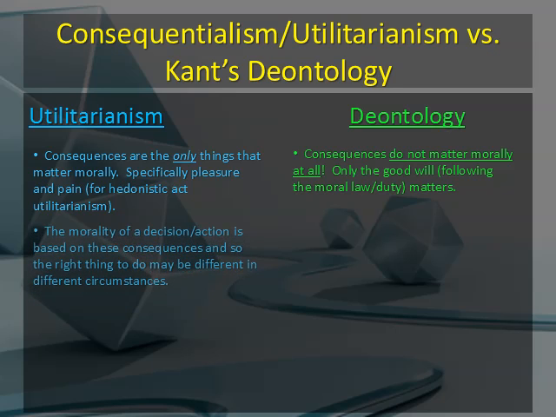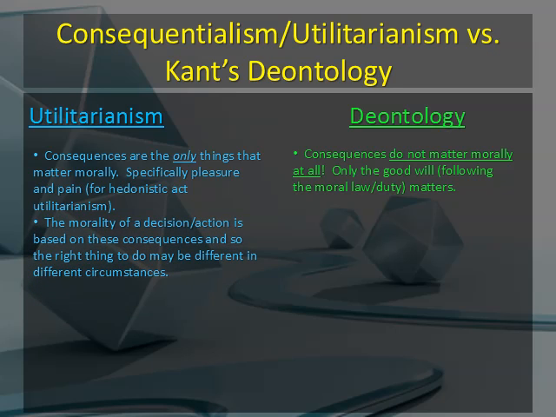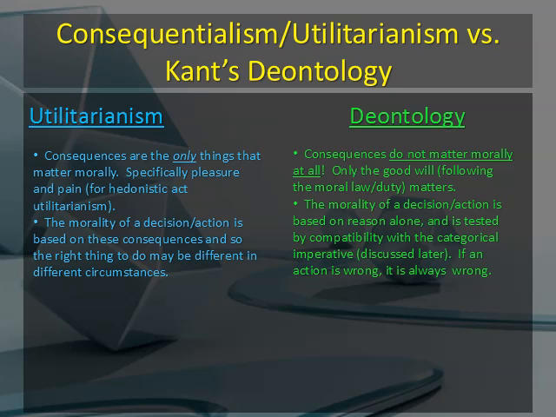For utilitarians, you will recall, the morality of a decision or action is based on consequences, and so the right thing to do may be different in different circumstances. But for Kantians or deontologists, the morality of a decision or act is based on reason alone, and is tested by compatibility with what is known as the categorical imperative, which we will discuss later. If an action is wrong, therefore, it is always wrong, because it is always contrary to reason.